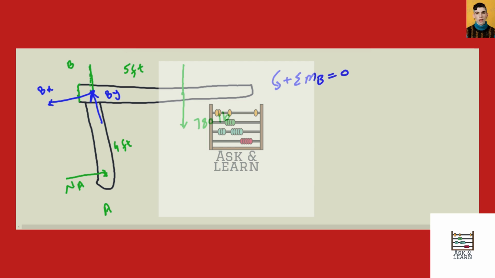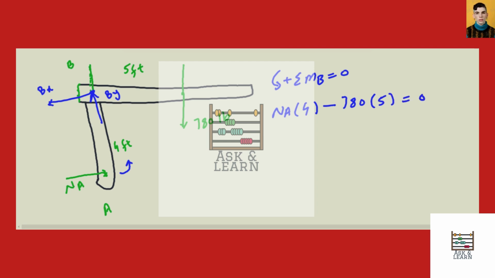After applying this equation, we have the normal force in this direction, NA, and the distance is 4 feet, so this is 4, and minus the weight, which acts in the direction opposite to this normal force, so minus 780 pounds, and the distance is 5 feet, and all of these are equal to 0.